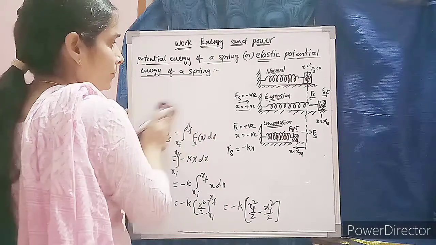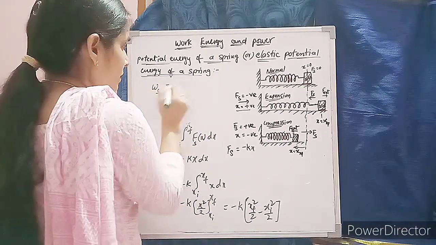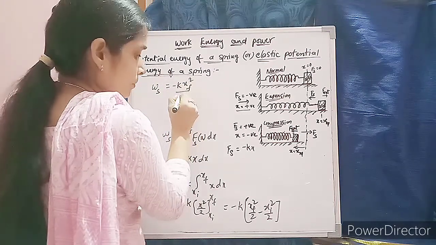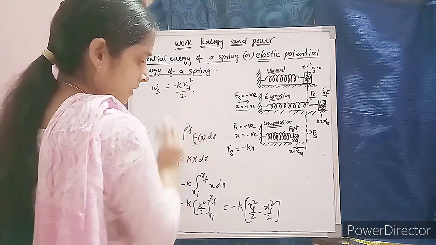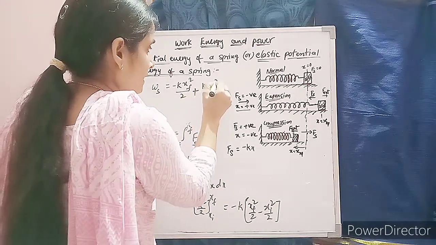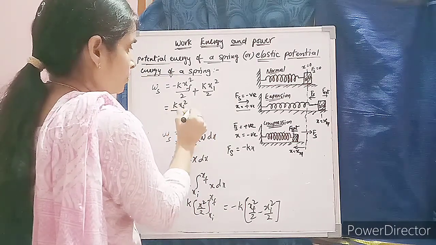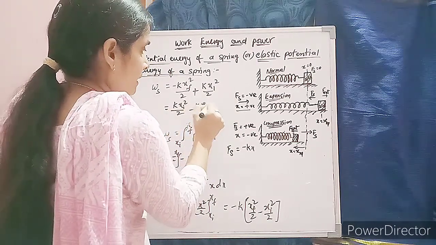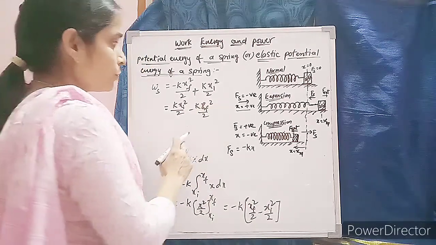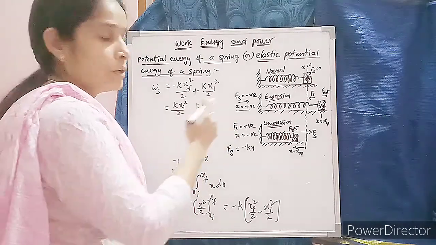In displacing from initial position to final position, Ws is equal to minus k xf square by 2, minus into minus plus k xi square by 2. So that implies k xi square by 2 minus k xf square by 2 is the work done by the spring force when the spring is displaced from xi to xf.